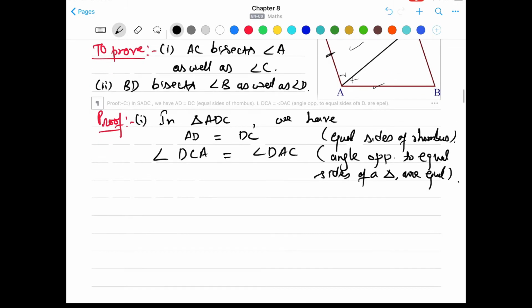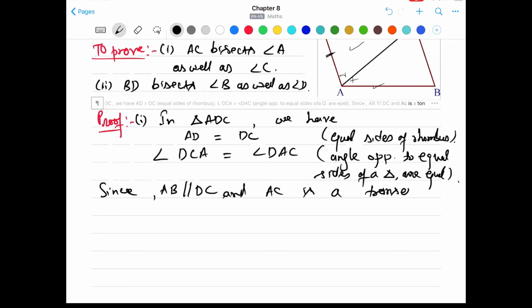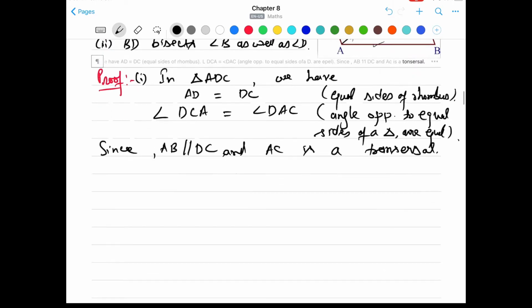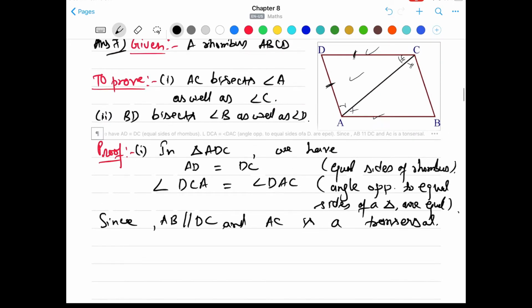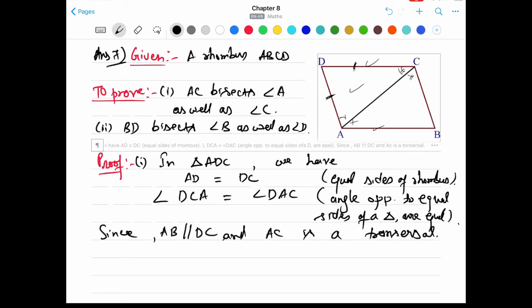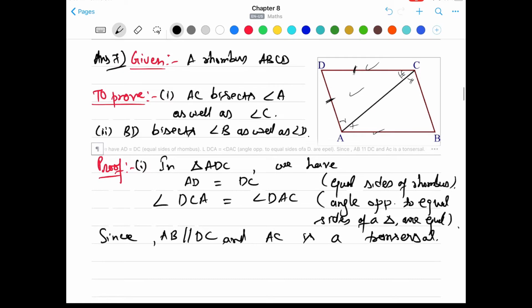So we'll write since AB is parallel to DC, and AC is a transversal, therefore the alternate interior angles BCA and DAC will be equal.